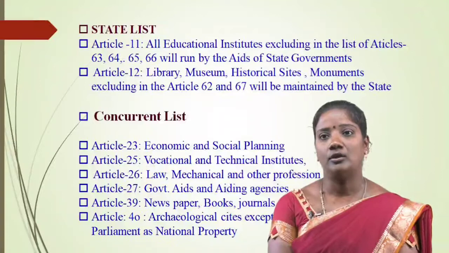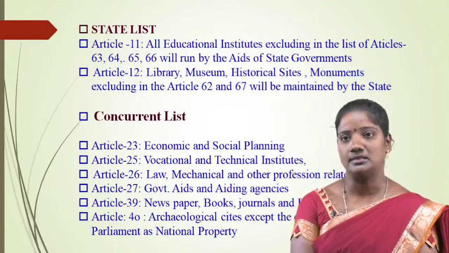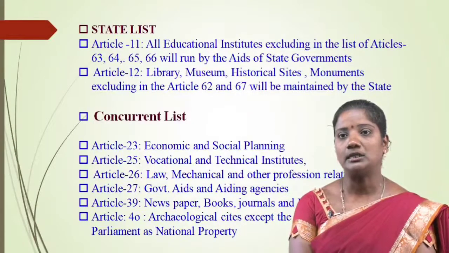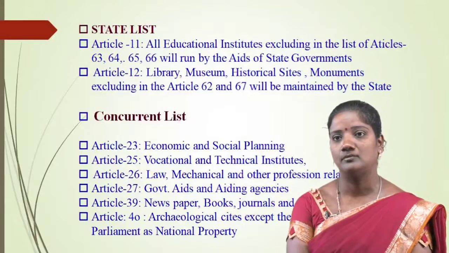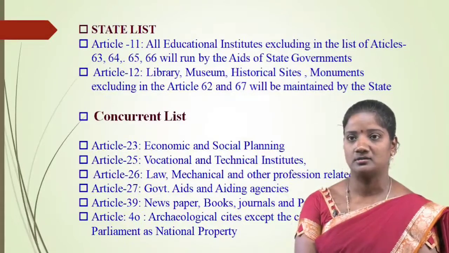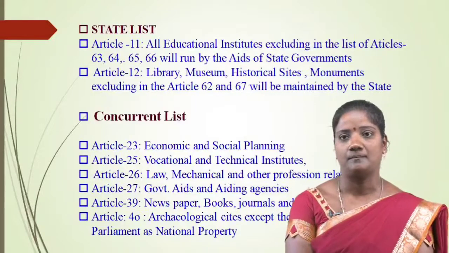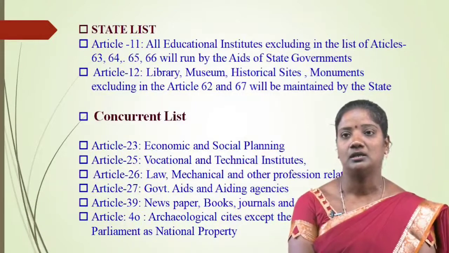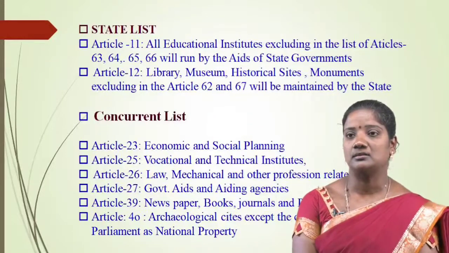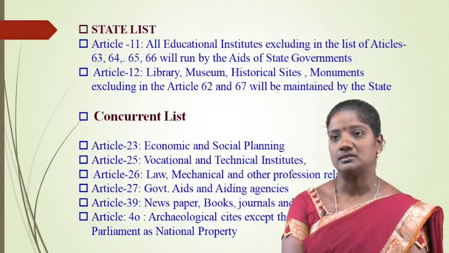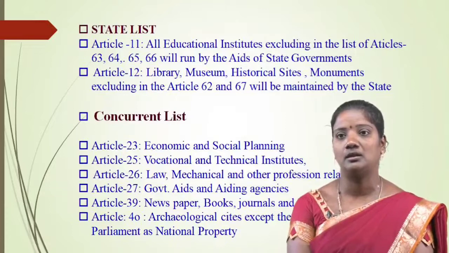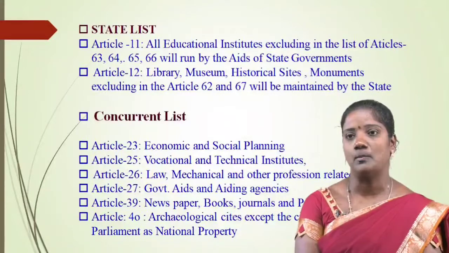Article 27: Government aids and aiding agencies. Article 39: Newspaper, books, journals and printing industry. Article 40: Archaeological sites except the sites declared by the Parliament as national property.